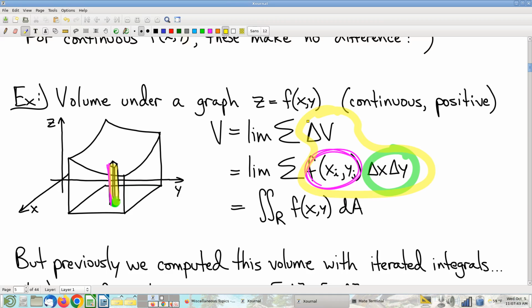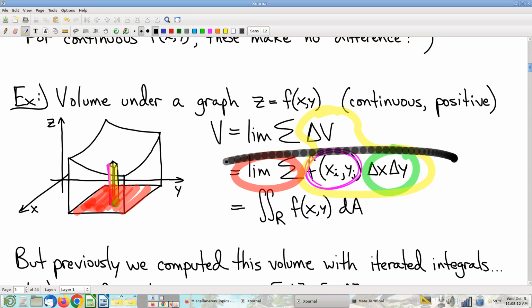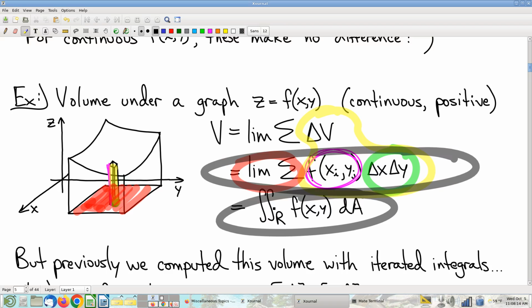This little French fry here, the volume of that French fry is height times the area of the base, boom, and then I just have to argue that the total volume is what you get when you add that up. We're going to add that up over all of the rectangle, and you'll notice this expression here is exactly a double integral.